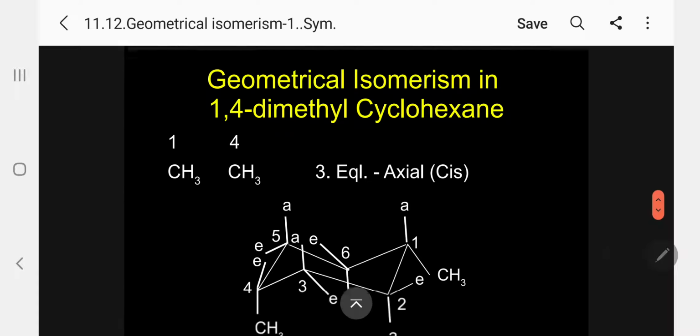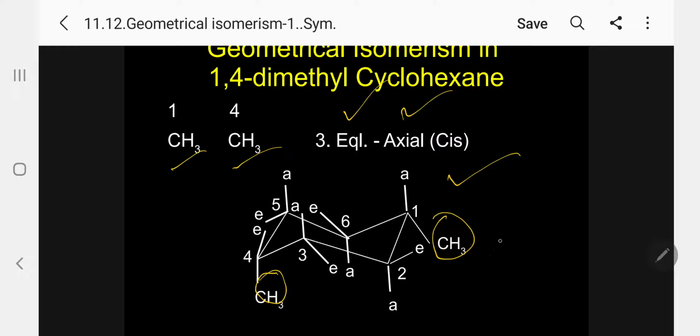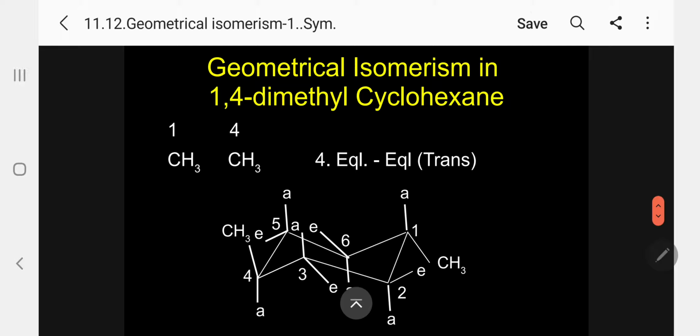And the third example, kindly follow, 1,4. This is equatorial 1, axial 4. So again we will call it cis isomerism. And lastly, equatorial 1,4. So this is equatorial, this is also equatorial, opposite, it is trans.